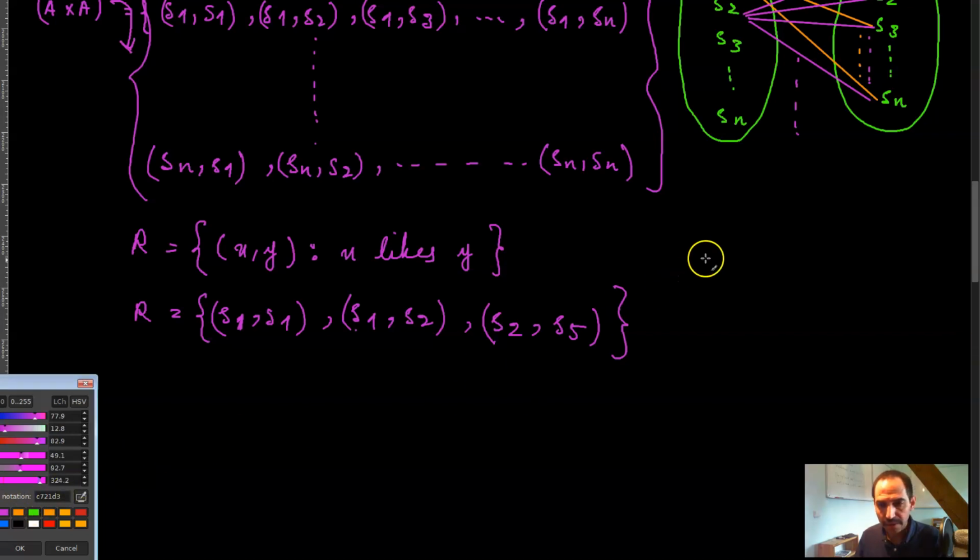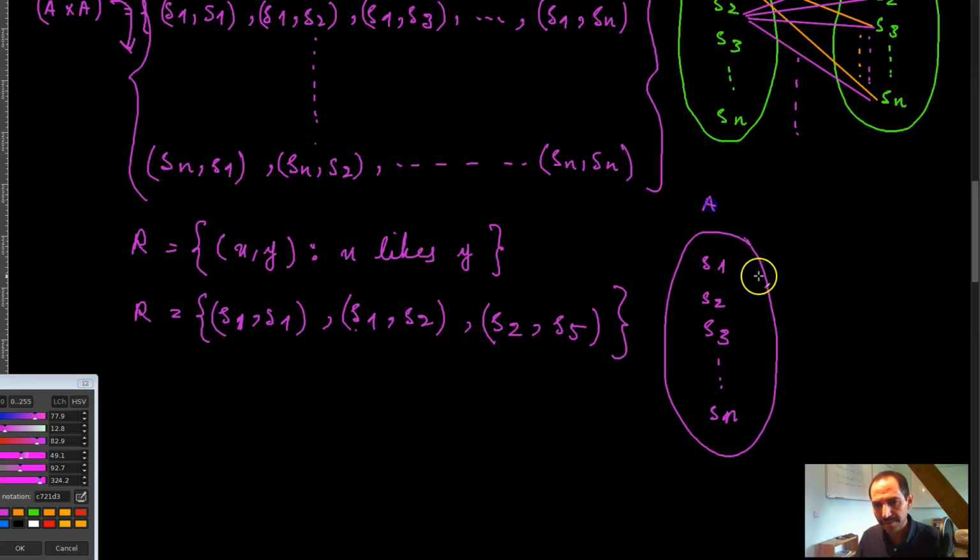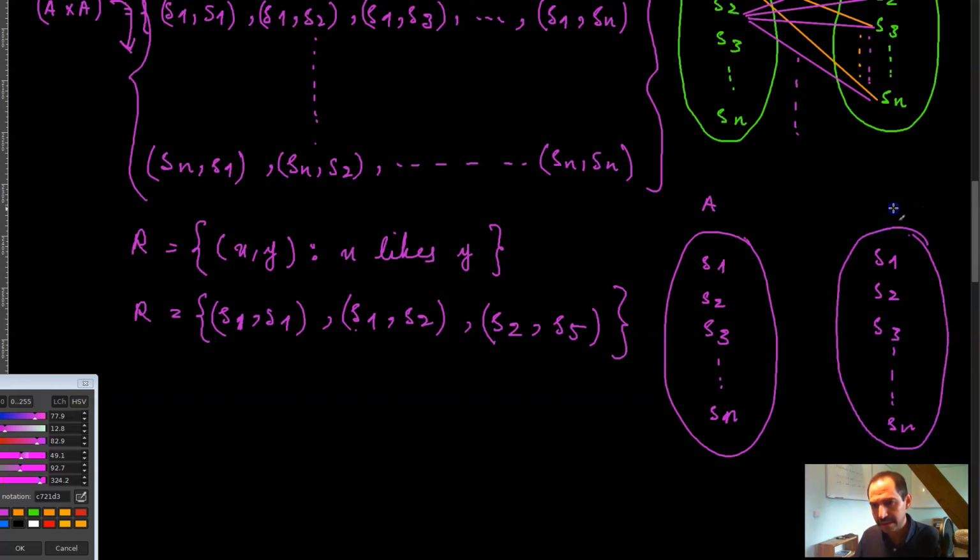So I will have S1, S2, S3 all the way up to S of n, and this is set A, and also S1, S2, S3 all the way up to S of n. This is again set A, and what I'm saying here is that based on this relation, S1 is related to S1, S1 is related to S2, and S2 is related to S5, right? Now this is called a relation.